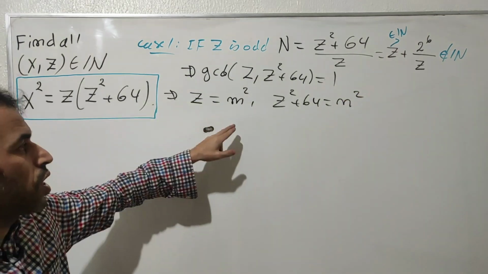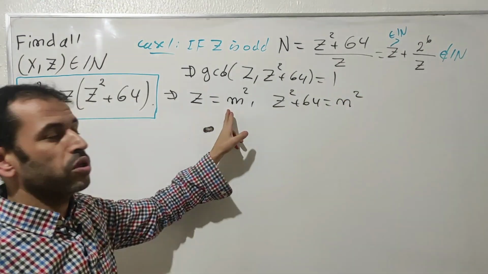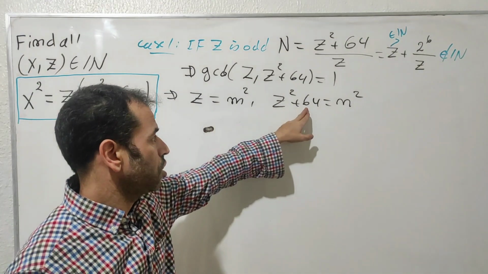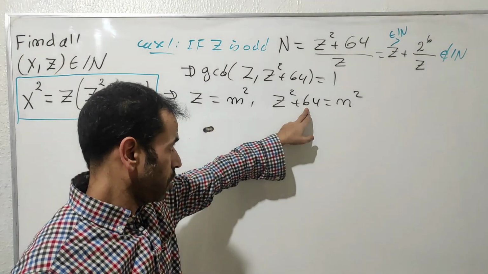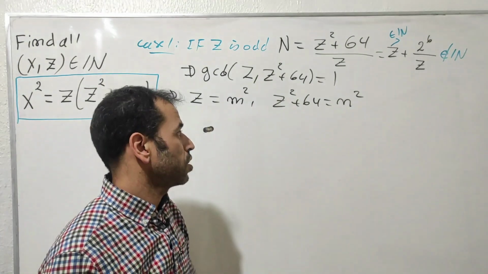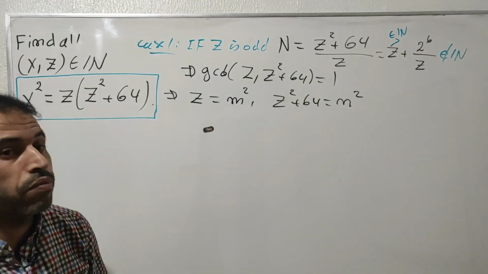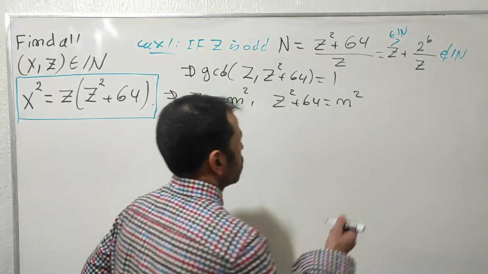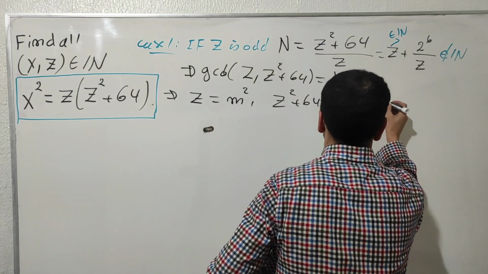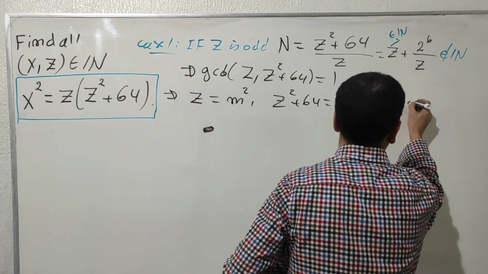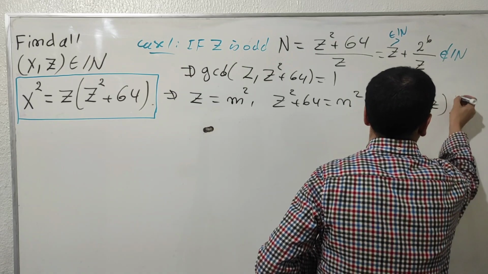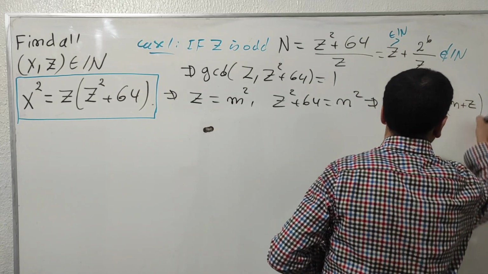We are going to solve this equation by leaving the 64 here, moving this term to the right and factoring it in the form of a product, because we will have a difference of two squares. So this gives us 64, which is 2 to the 6, equals n minus z times n plus z. It's simpler.